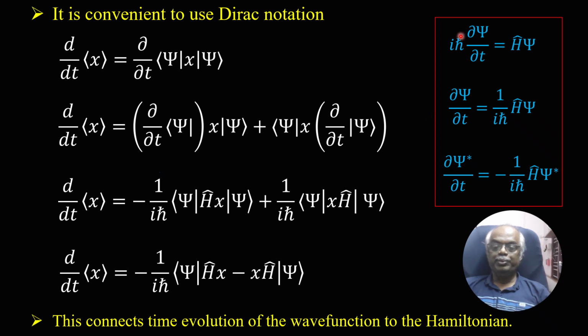So now you bring this i h cross to the other side. You will get 1 over i h cross H psi. Similarly, if you take the partial time derivative of psi star, naturally psi star is the complex conjugate, so this sign will get changed. This plus will become minus: minus 1 over i h cross H psi. So you replace it here.